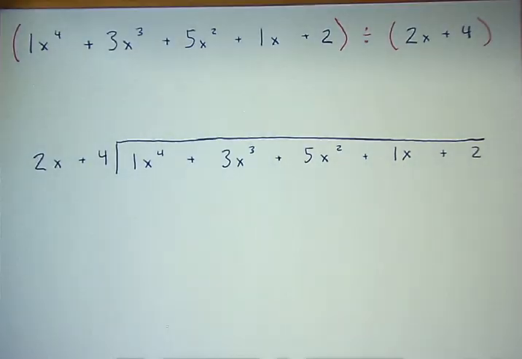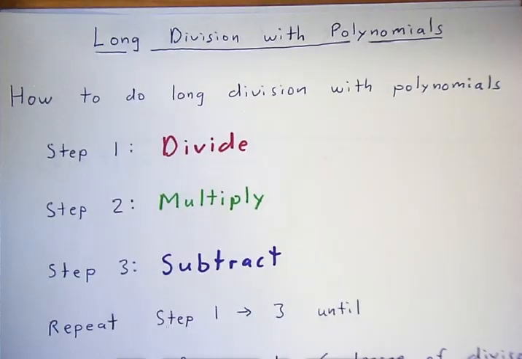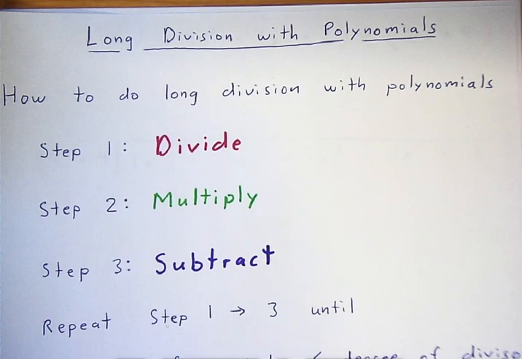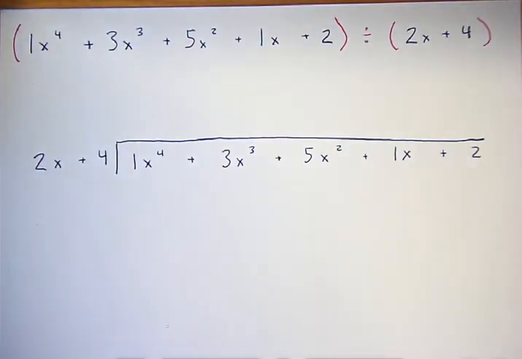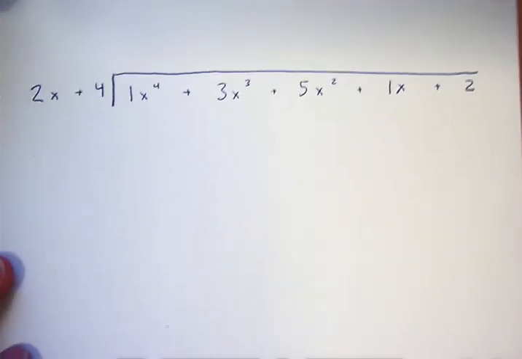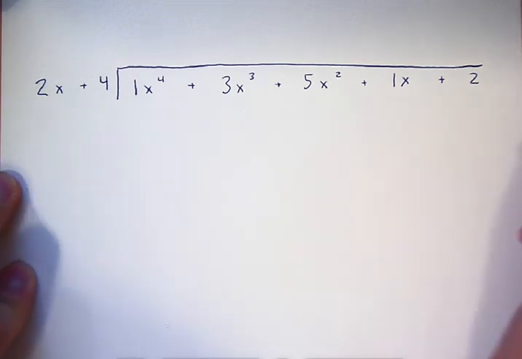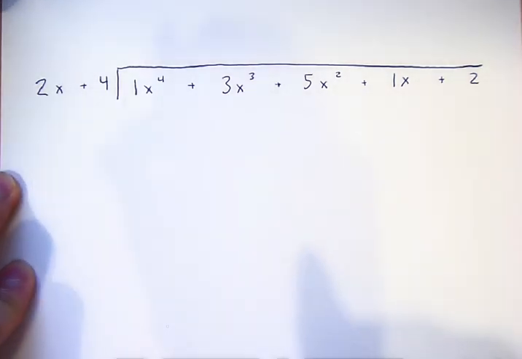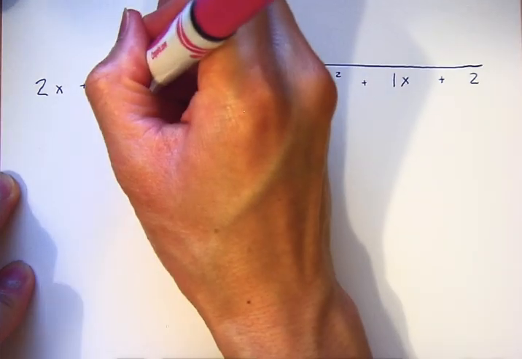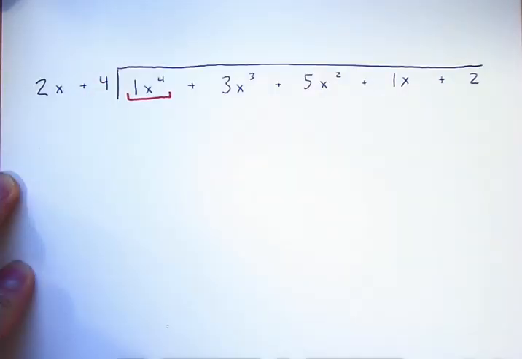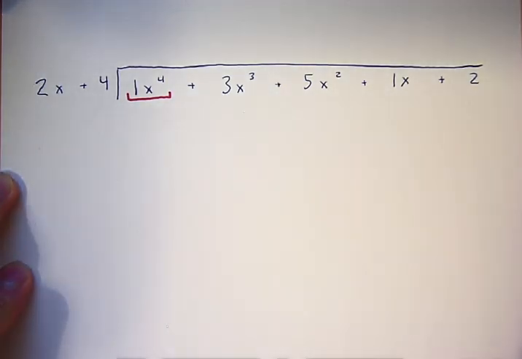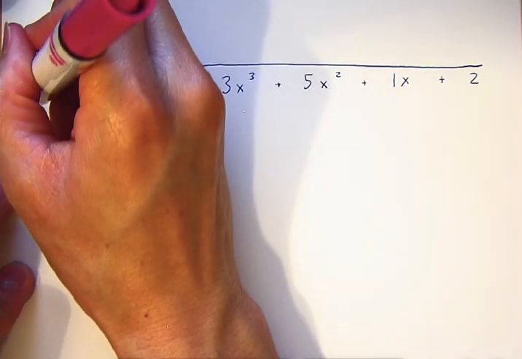Okay, a quick reminder on our steps. Steps are going to be divide, multiply, then subtract. So let's do that. Step 1, I'm going to divide. Specifically, I'm going to divide the first term of my dividend by the first term of my divisor.